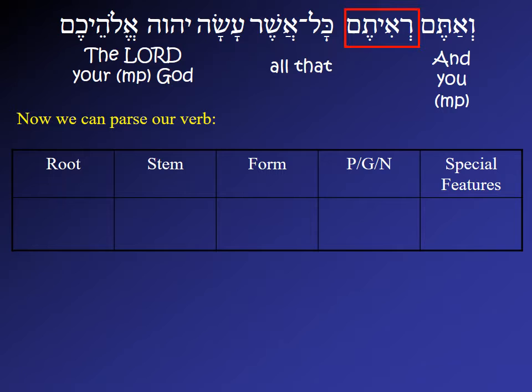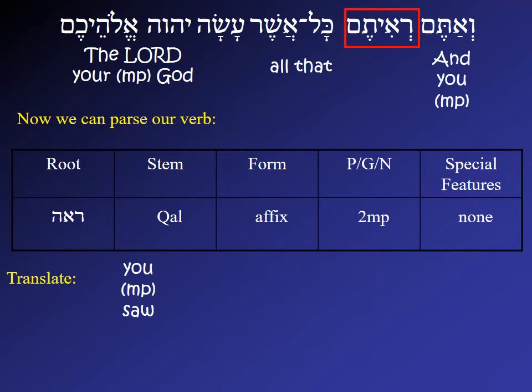Alright, so now we can parse our verb re'item. So, clearly the root is third he ra'ah, stem, Qal, affix, tem marks second masculine plural, no special features, and translation, you saw. Y'all, you guys saw.